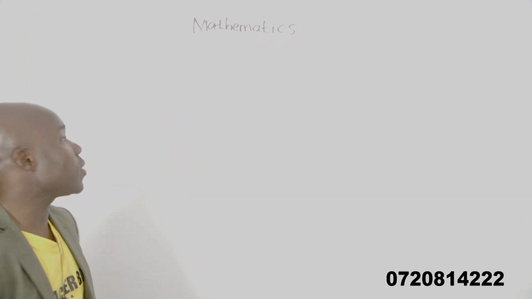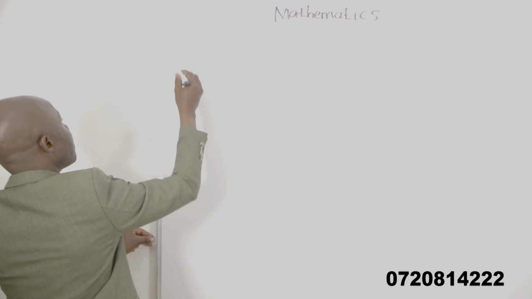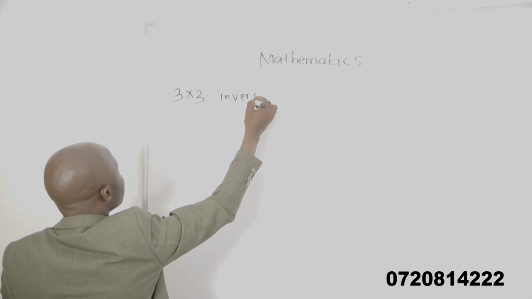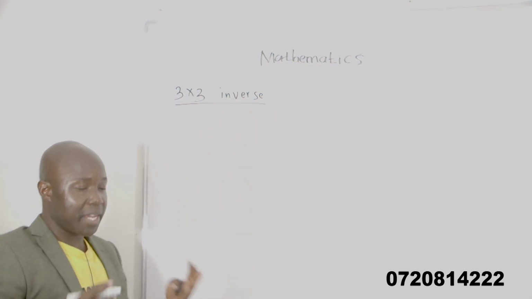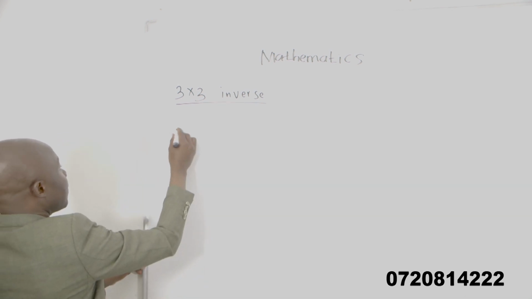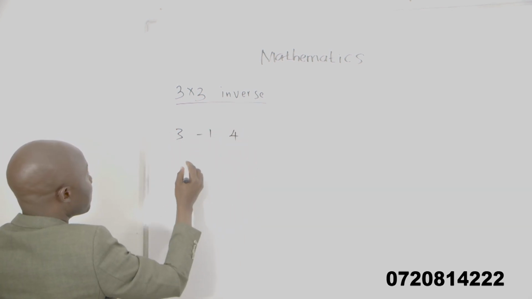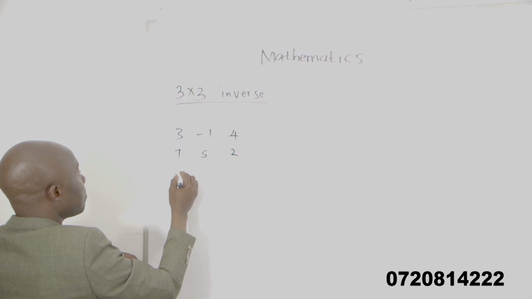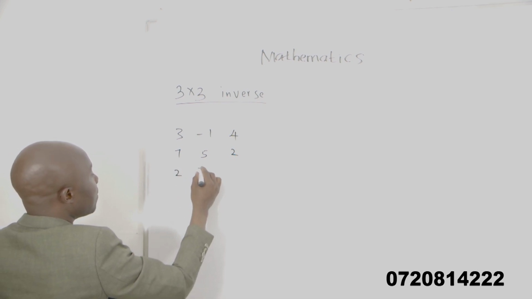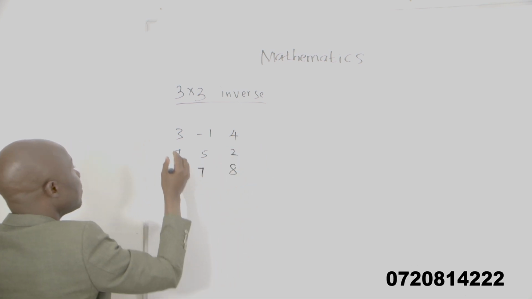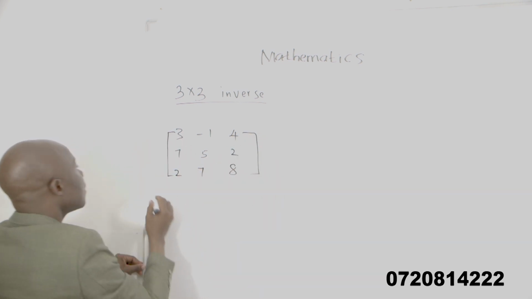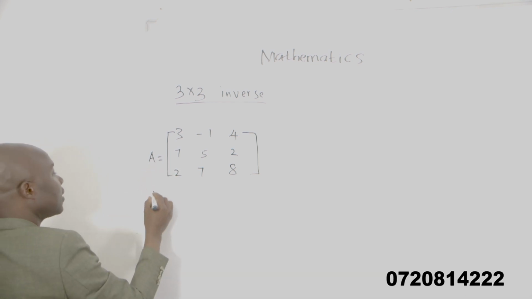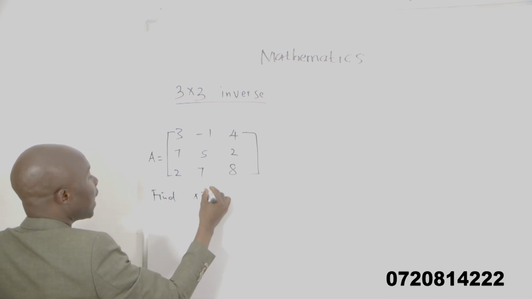Now, I want to teach you how to find the inverse of a 3 by 3. We have to pick the matrix first. Let our matrix be 3, negative 1, 4; 7, 5, 2; 2, 7, 8. If this is the matrix, call it A. Then they will give you 7 marks and ask, find A inverse.